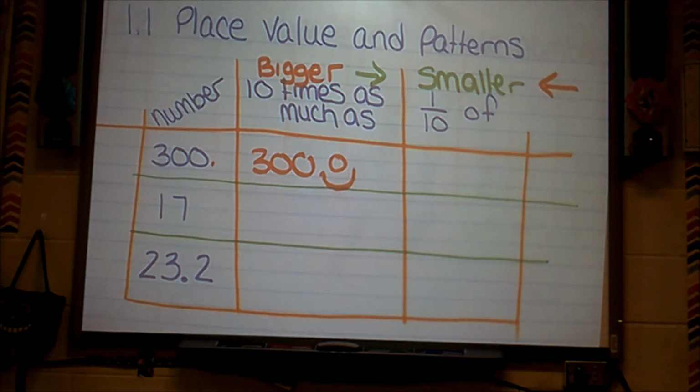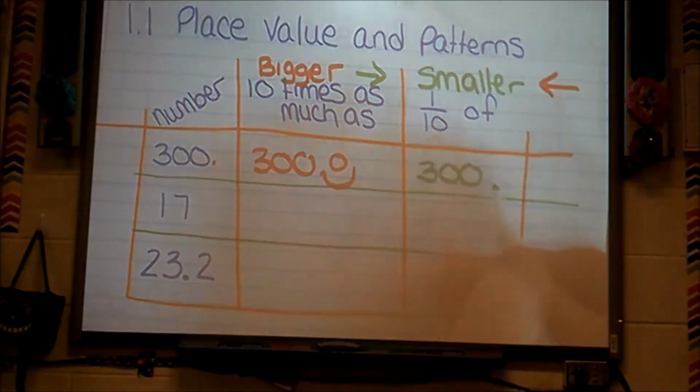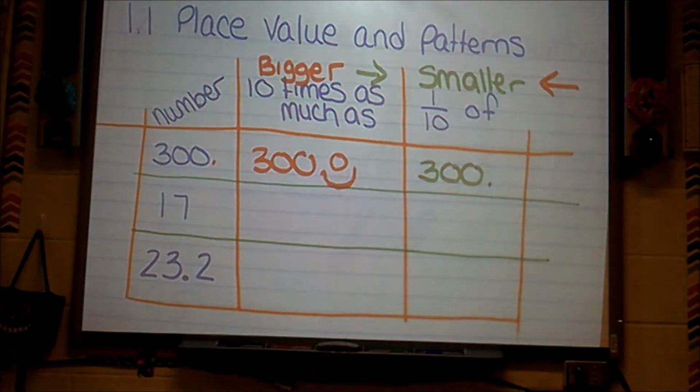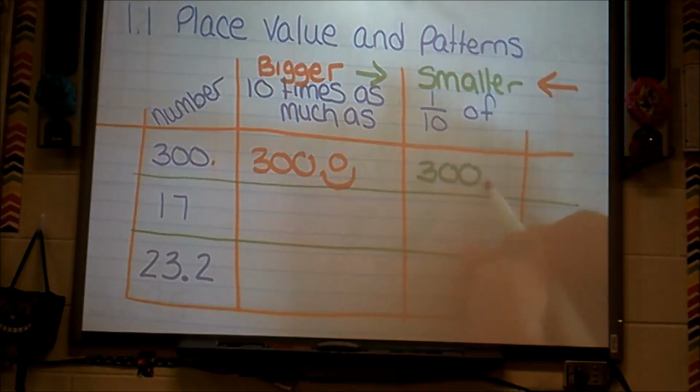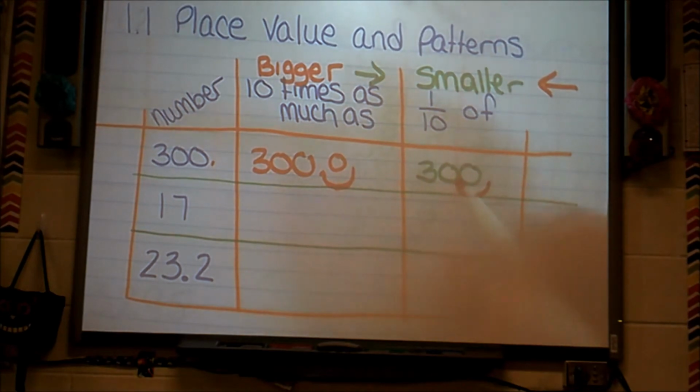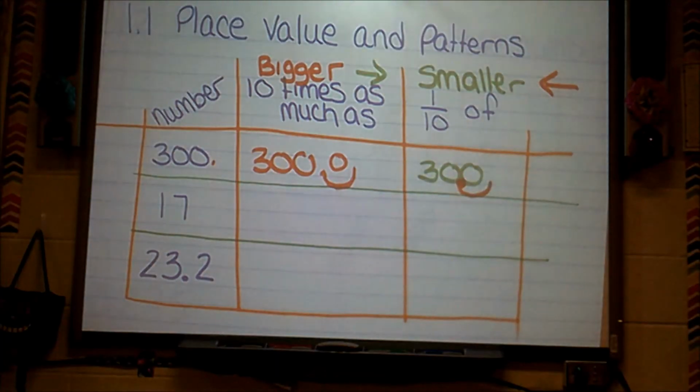So I'm going to again write my 300 with its magic decimal, and I'm going to bump it one place value to the left. So 1/10 of 300 is 30.